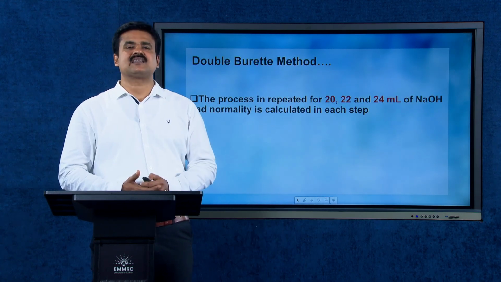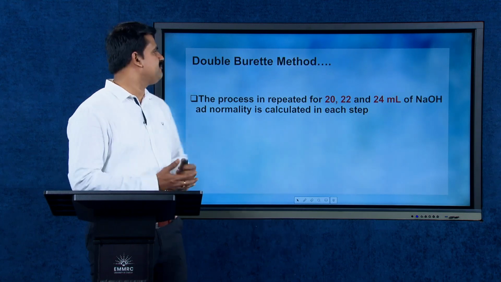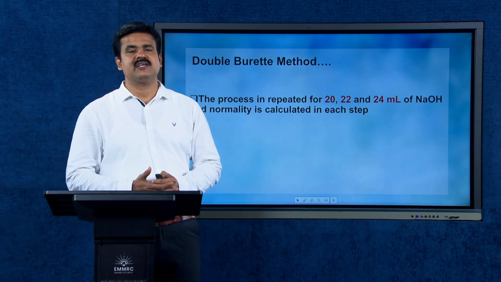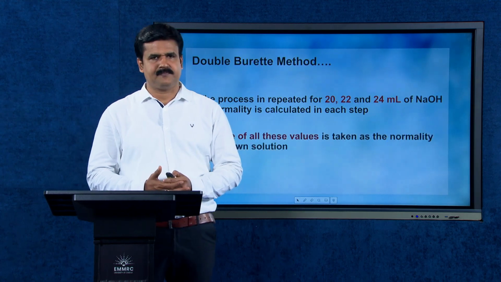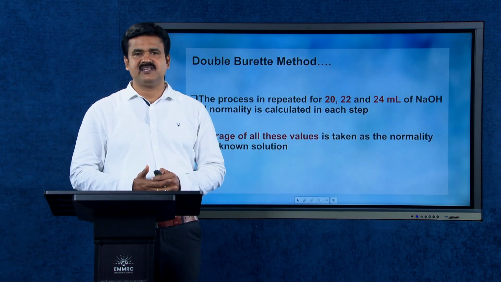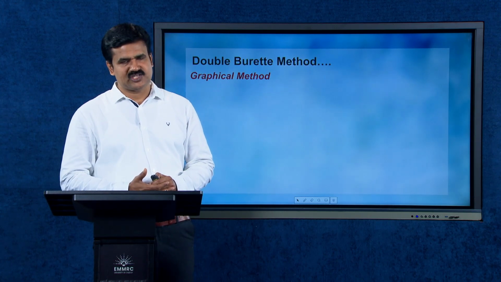The process is repeated for 20, 22 and 24 ml of sodium hydroxide, and normality is calculated in each step. The average of all these values of normality is taken as the normality of the unknown solution.